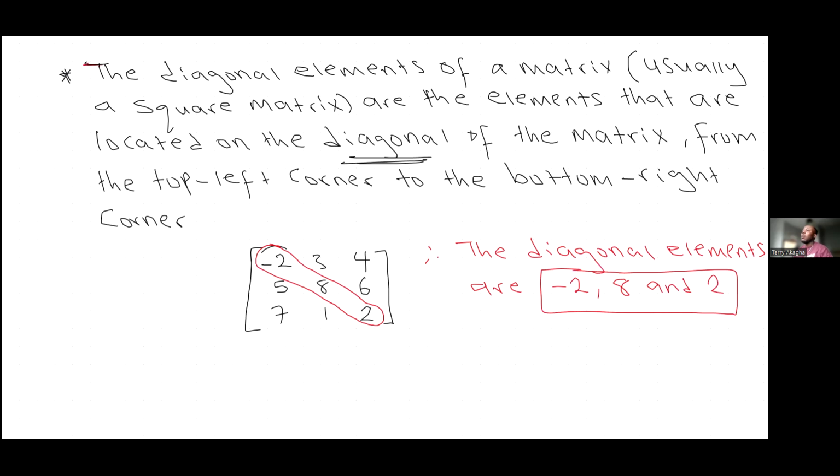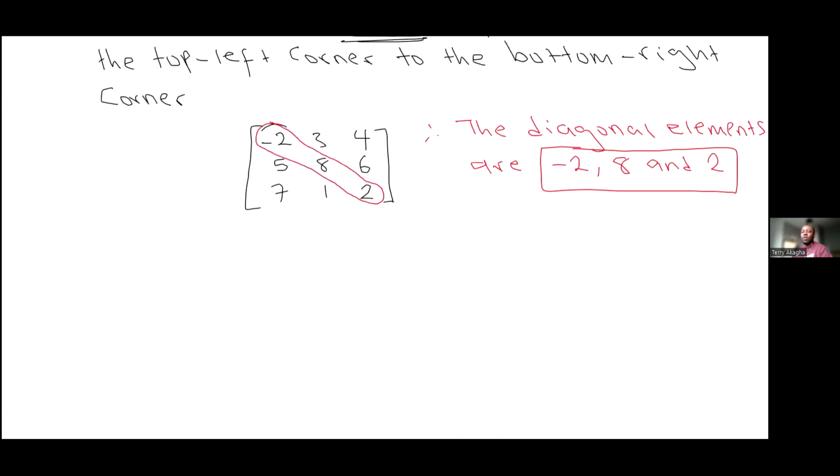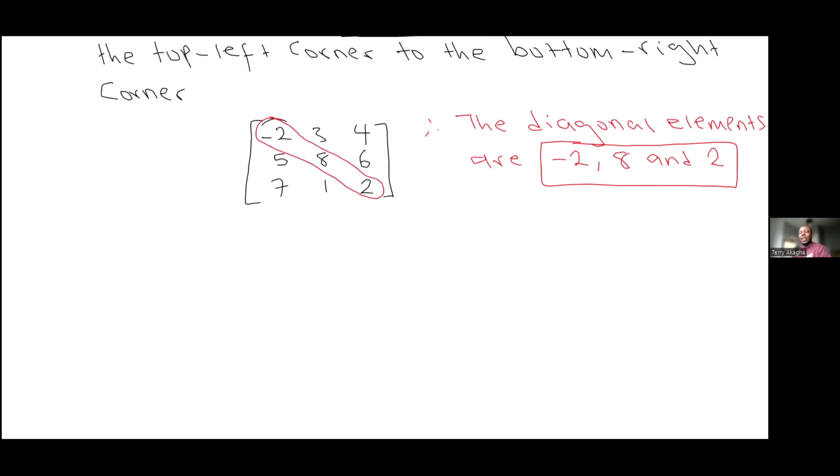Okay, now there are some other terminologies you will also encounter in addition to this. The first thing you're going to hear is something like leading diagonal or main diagonal. When we talk about leading diagonal, these are elements similar to diagonal elements. When you say leading diagonal, it's the same thing as the diagonal elements.